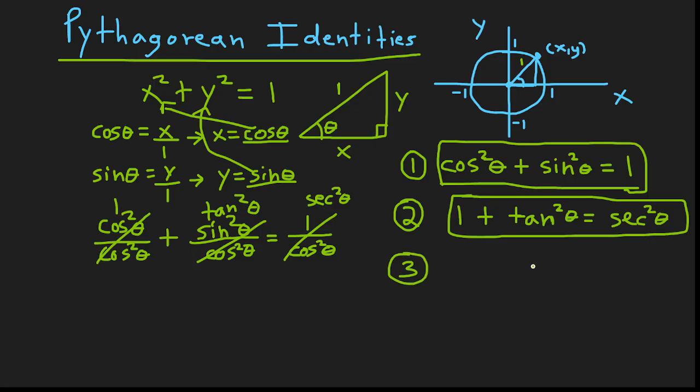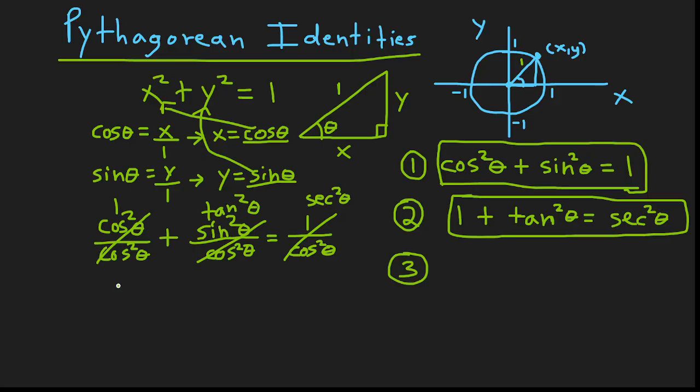Our third Pythagorean trig identity we're going to derive is, you probably guessed it, instead of dividing both sides by cosine squared theta, we're going to divide both sides by sine squared theta.